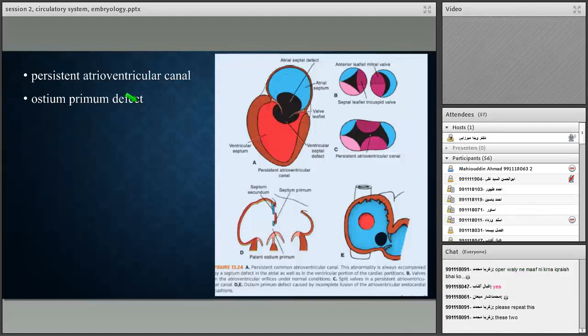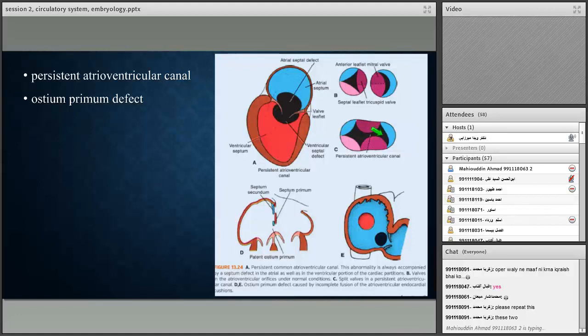Okay. If the endocardial cushions have some abnormality, these kinds of defects will happen. For example, in persistent atrioventricular canal, you can see that these cushions won't grow toward each other and attach to each other. So the atrioventricular canal would not divide into two parts, and we have just one atrioventricular canal, not two.